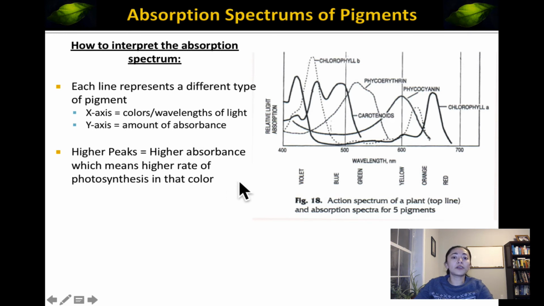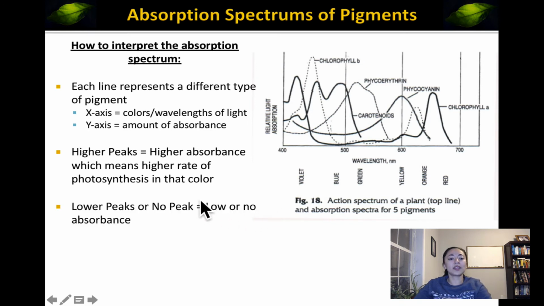The more of a certain color of light that's being absorbed, the more photosynthesis that can happen under that wavelength. Lower peaks, or where there are no peaks at all, for example right here if we're looking at chlorophyll A, which is shown by this dark line, means there's no absorbance happening.